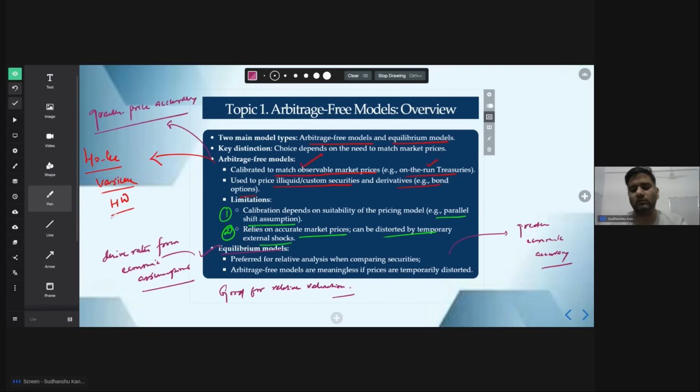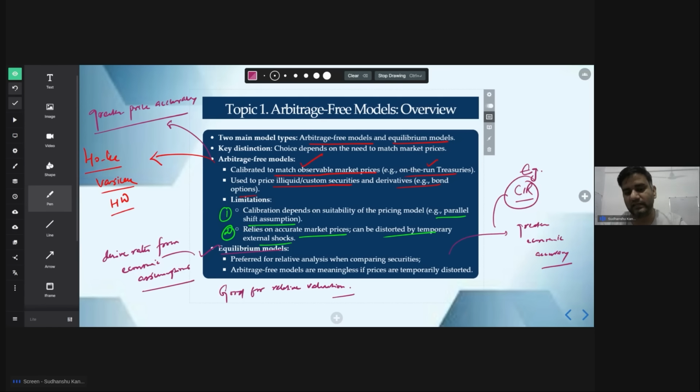Small discussion in your book, guys. What are the types of equilibrium model? An example here is CIR, the Cox, Ingersoll and Ross model. This is your example of an equilibrium model. There are general equilibrium term structure models also.